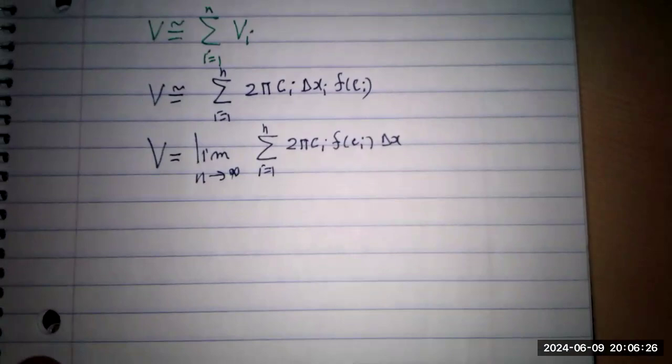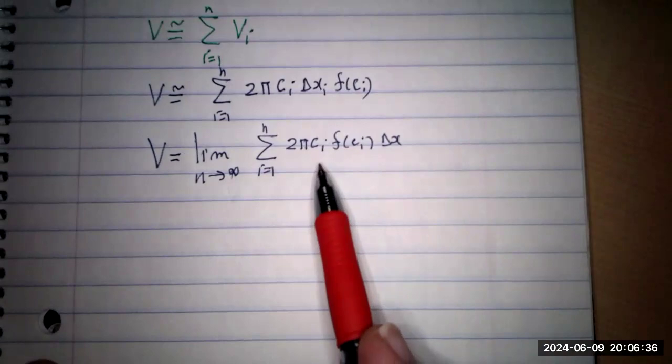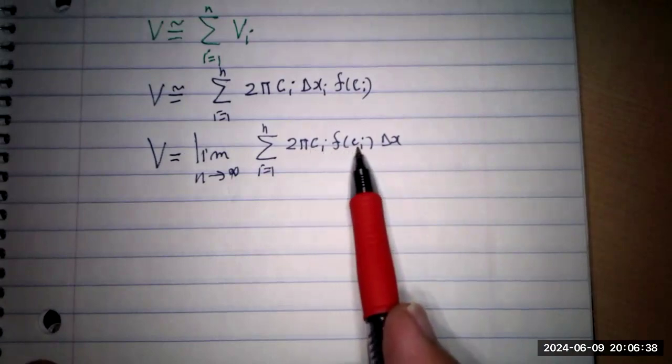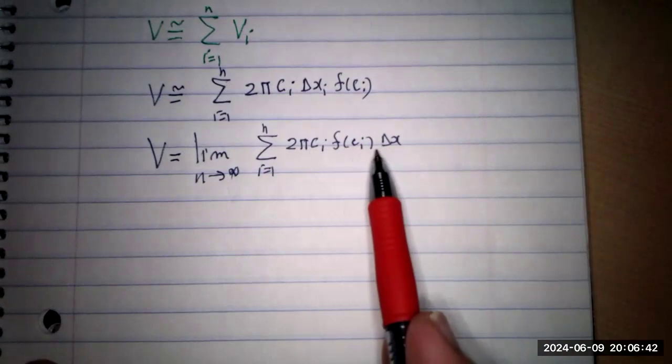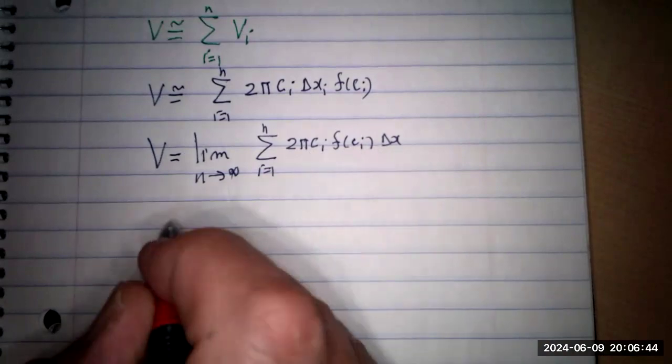This is the volume in question. And you know that this is a Riemann sum. We can change it to an integration. The way you change it, these c_i would be changed to x, and this delta x would be changed to dx. So you arrive at this formula.